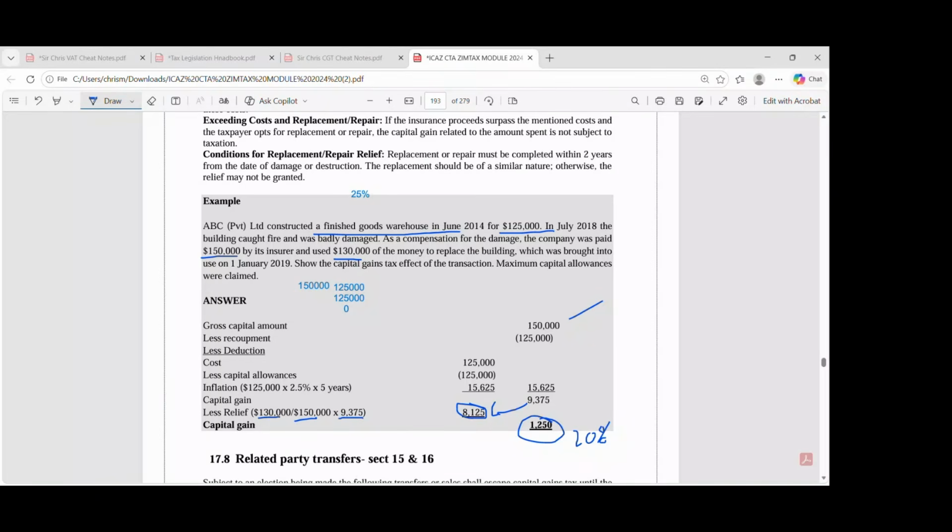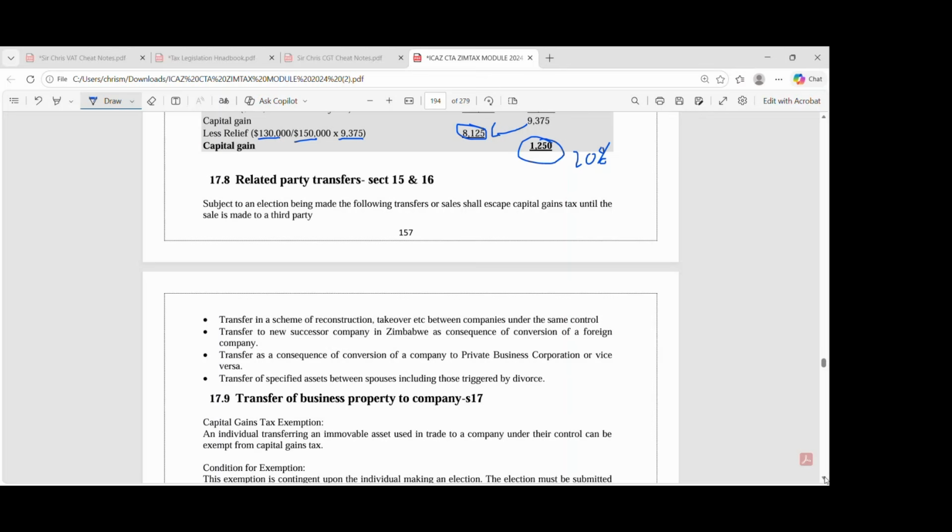All right. Then let me take it further. If they are related party transfers, mostly this triggers your IFRS 3, isn't it? If assets are being transferred to the owners as part of your consideration, you need to understand that if we are transferring assets to the company, those assets are transferred at their carrying amount.